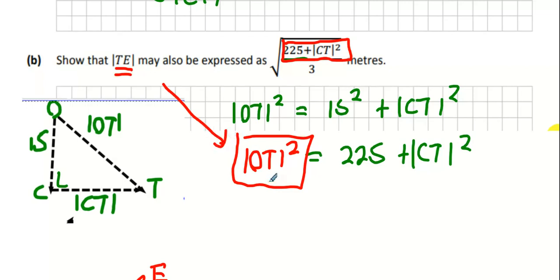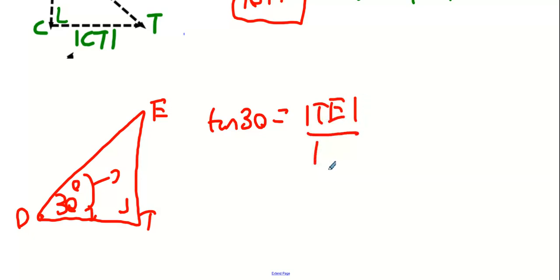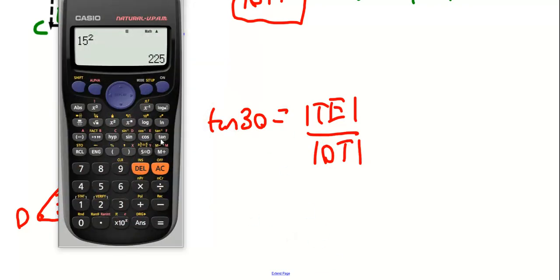Now I want to get TE because that's the goal of the question. I want to substitute DT for TE somehow. So what I'm going to do is use DT and TE here. One of them's the opposite and the other one's the adjacent. So I'm going to use tan 30 is TE divided by DT. Tan 30 in the calculator. Now this is always an awkward one.